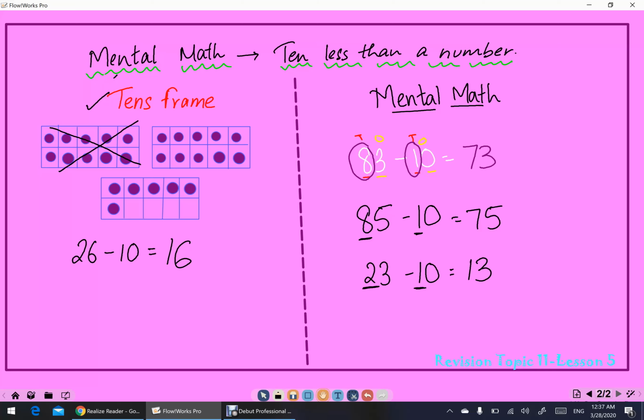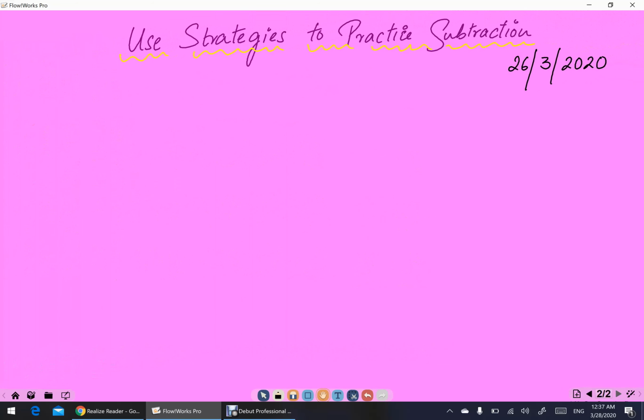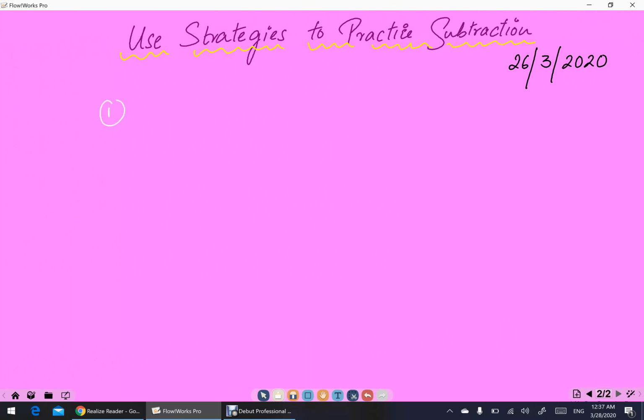So now, in today's lesson, we will use strategies to practice subtraction. If you remember, we used 3 strategies to solve subtraction equations. Come on, tell me, what are the 3 strategies that we used in our previous lesson? The first one was the place value blocks.